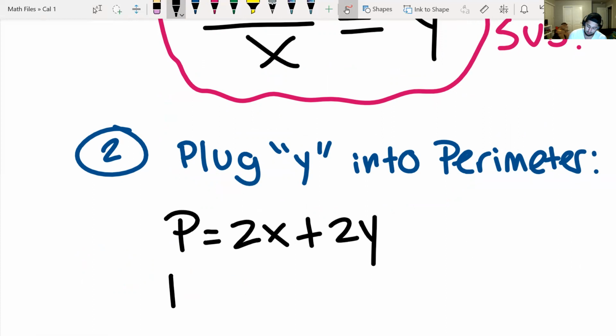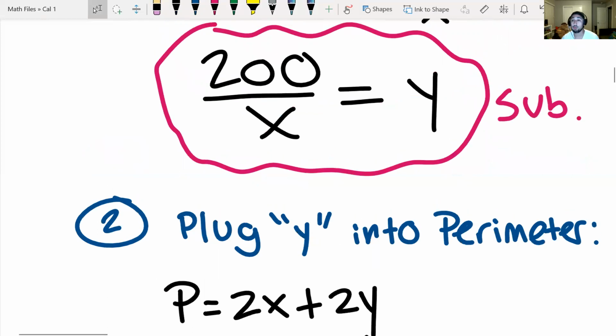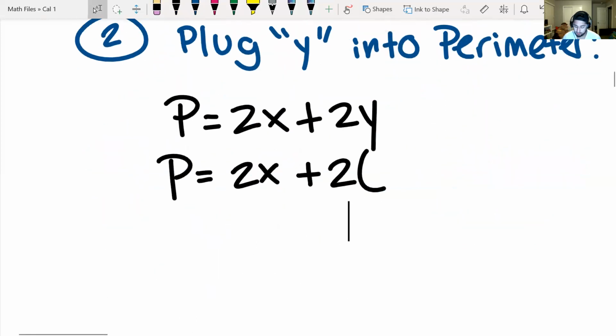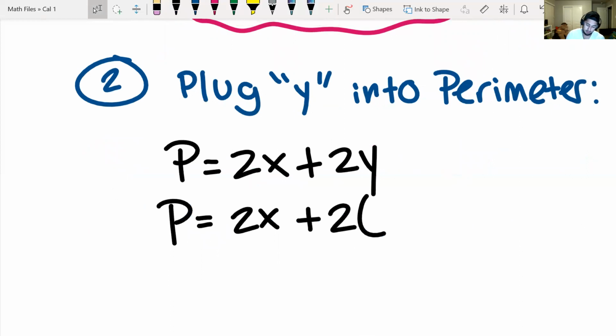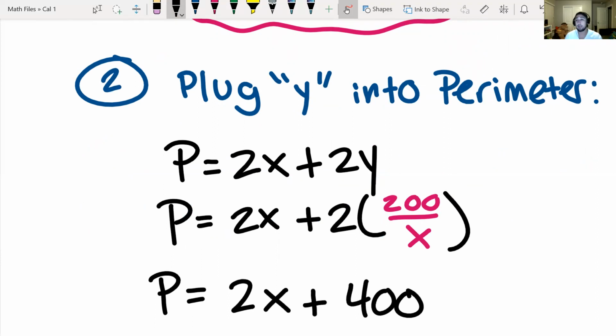And then I will now plug in the substitution for y, which is right above. Y is now 200 over x. So that's what I'm plugging in, which means I'll have 2 times 200 over x, which then will give me P equals 2x plus 400, and I'm going to rewrite this by flipping the x up: 400x to the negative 1.